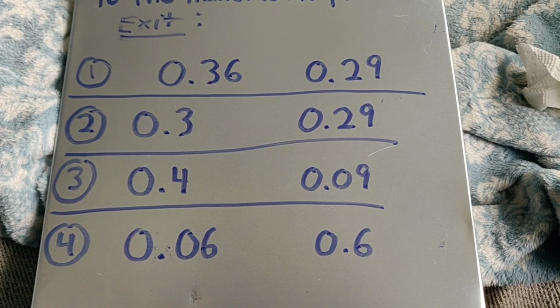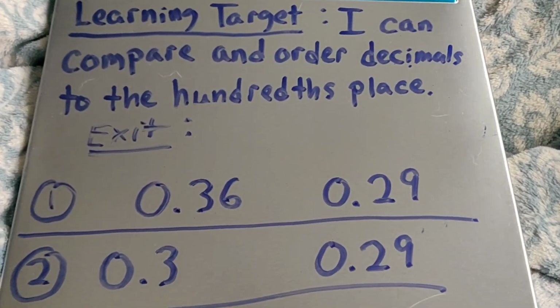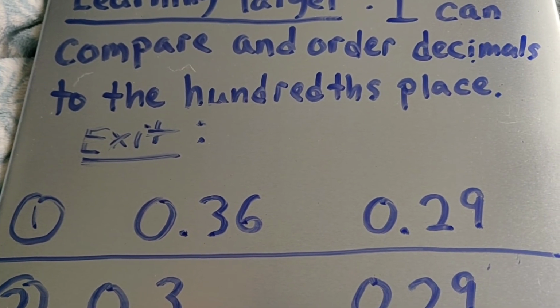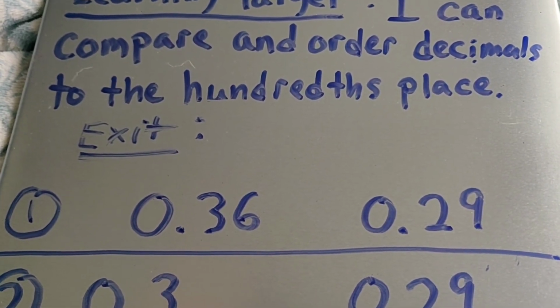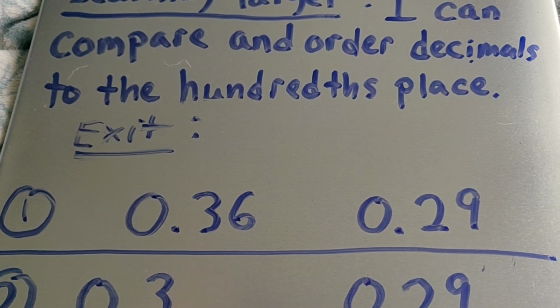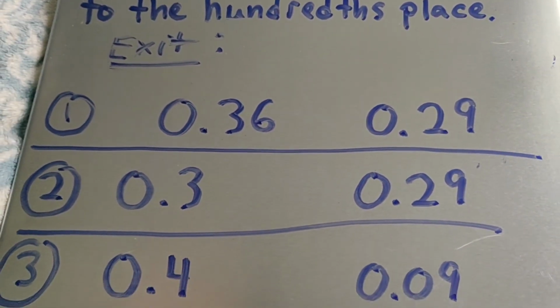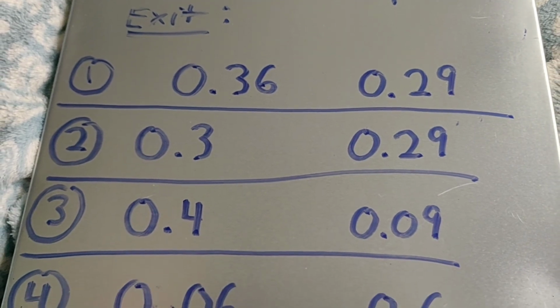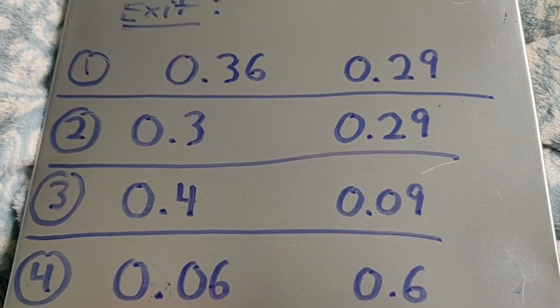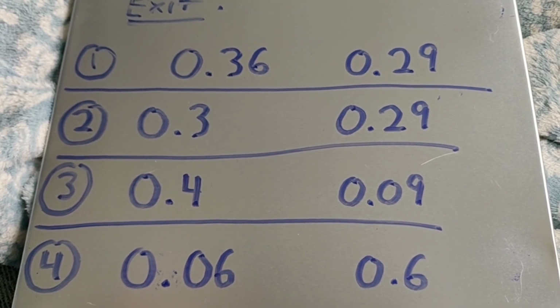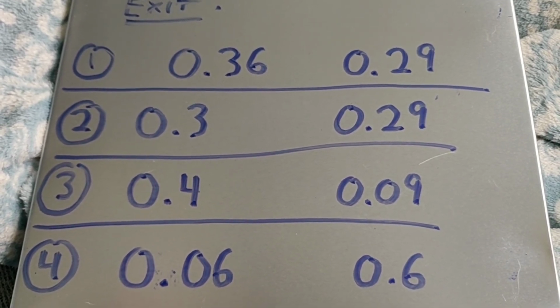For each of those, for example, when you're working on number 1, make sure you express the decimals as fractions. If they already have the same denominator, great. But if they don't, make sure you express any fraction with a denominator of 10 as a fraction with a denominator of 100, just like we did in the examples, and then compare them.